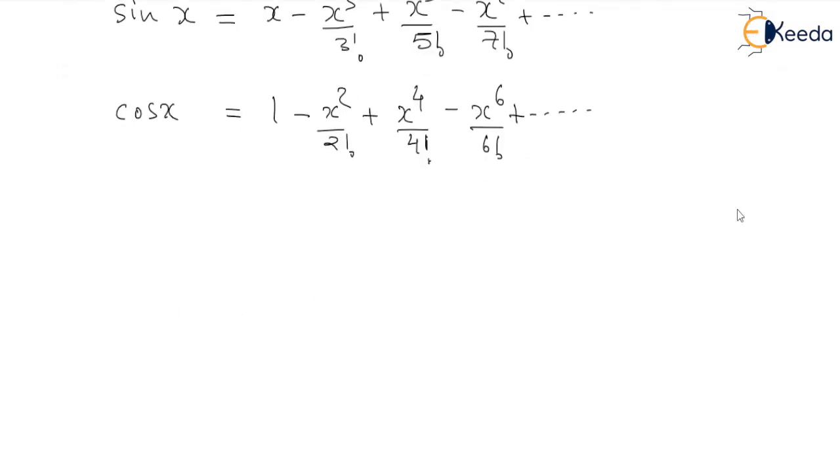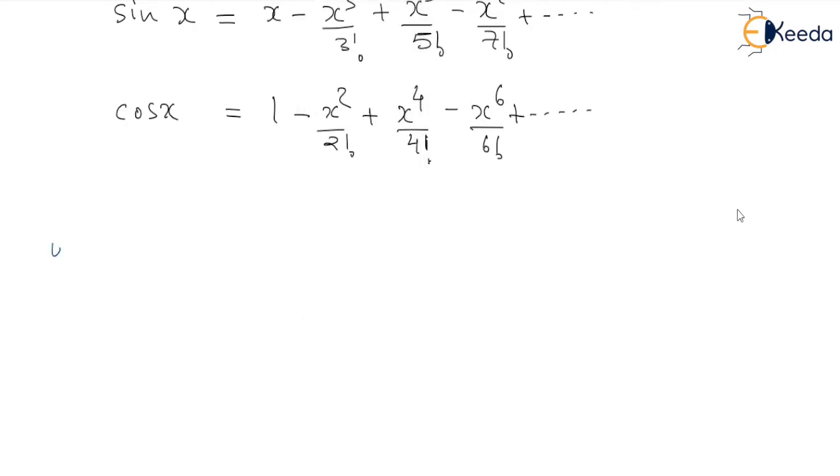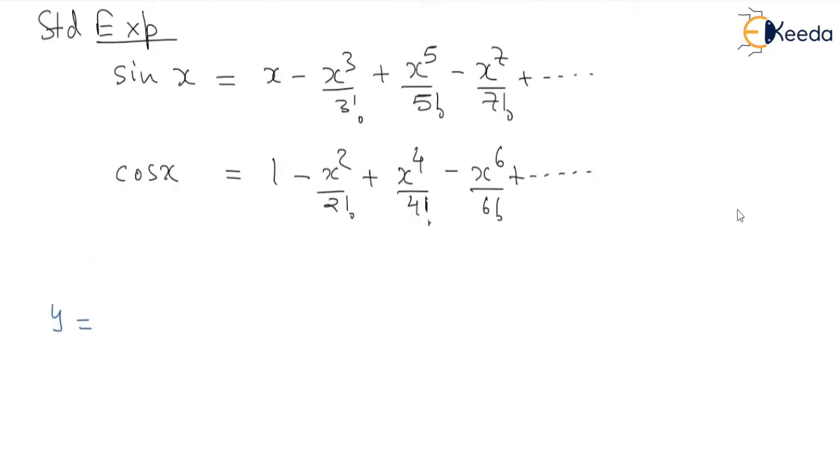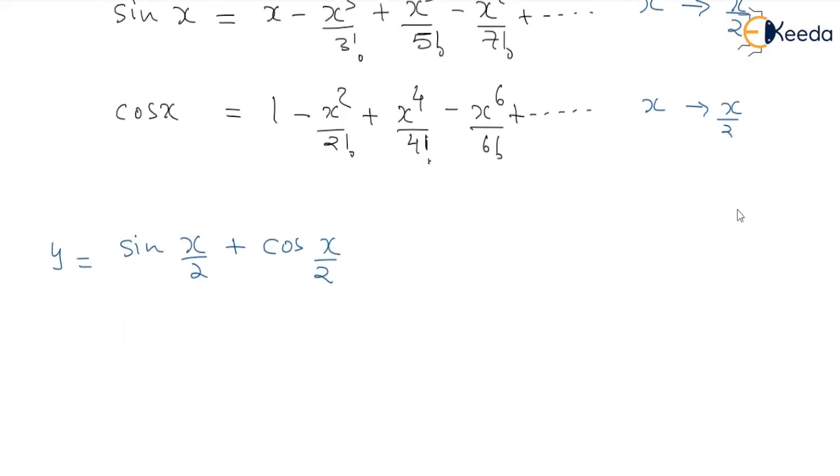So now that we know, the expression we are looking for is y is equal to sine x by 2 plus cos x by 2. So for x, we have x by 2 in both the cases, right? So this becomes, instead of x we will be using x by 2.